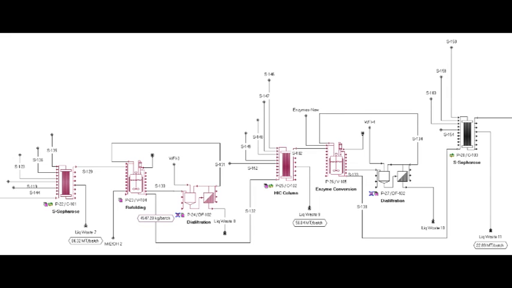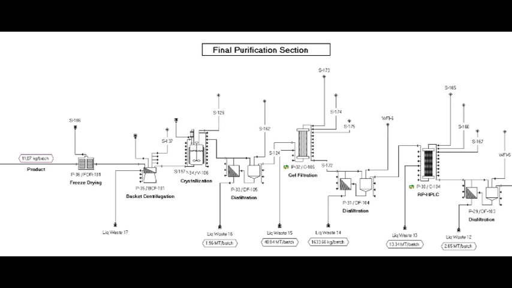An ion exchange column is used to purify the insulin solution in 4 cycles. The volume of liquid at this point is about 1,800 liters.